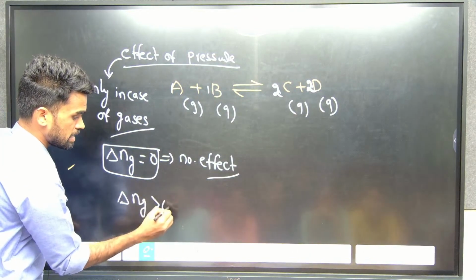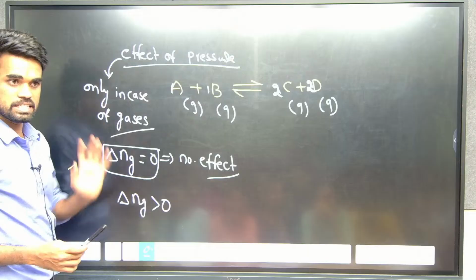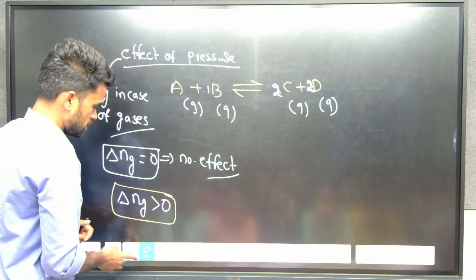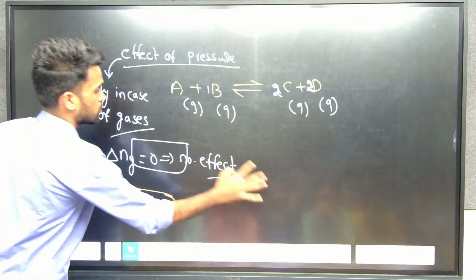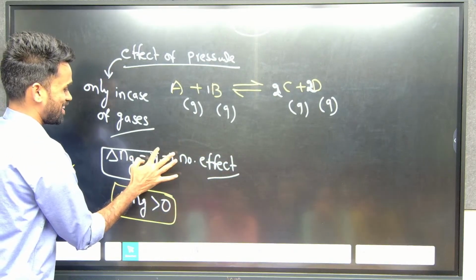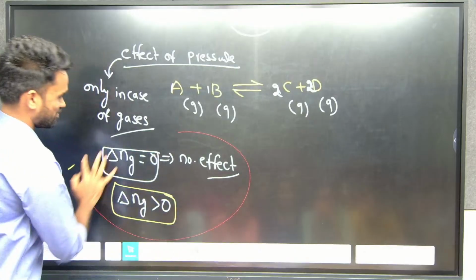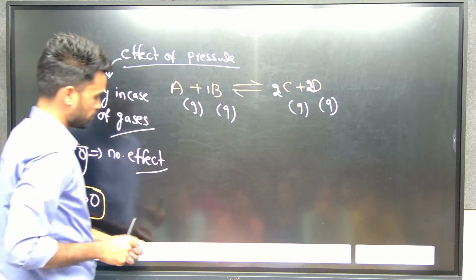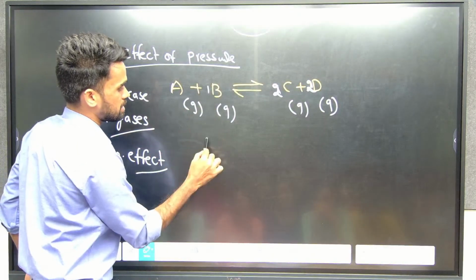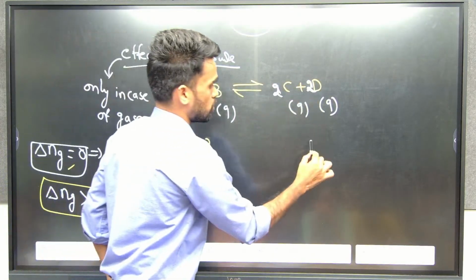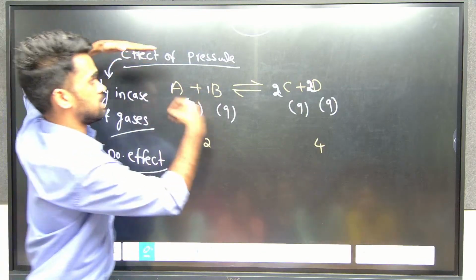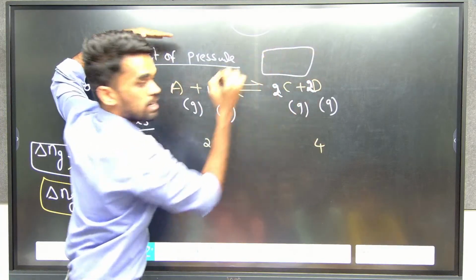Delta Ng is greater than 0. How many gaseous reactants are there? 2. How many gaseous products are there? 4. Now consider this is happening in a closed container.